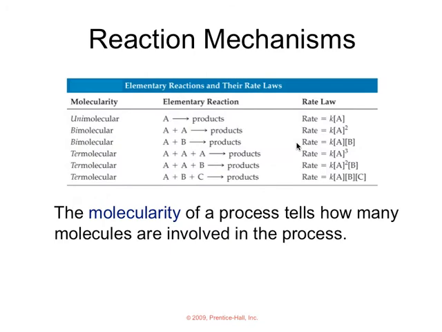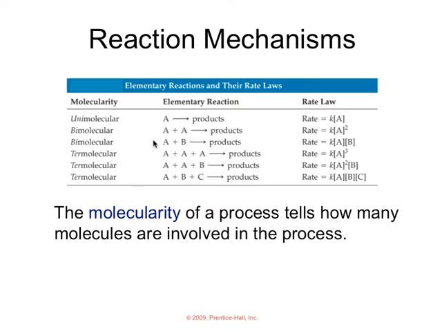When you're talking about reactions, you talk about something called their molecularity. And you'll see when I'm talking about mechanisms, I tend to use examples and explain terms as we go along. So make sure that you get these definitions of these terms down. Okay.